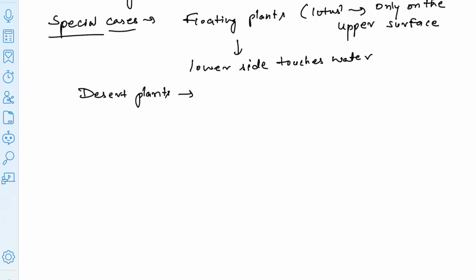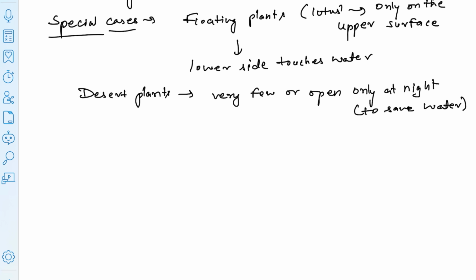And in desert plants, stomata may be very few or open only at night. Why? To save water. So the plant is very smart. It adjusts the number and position of stomata according to its environment.